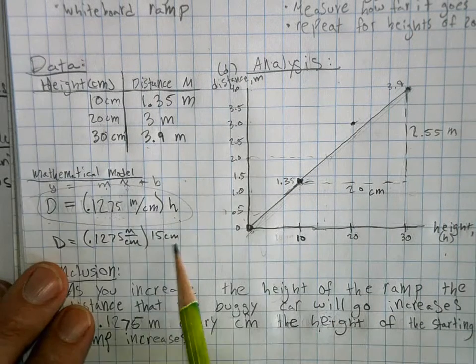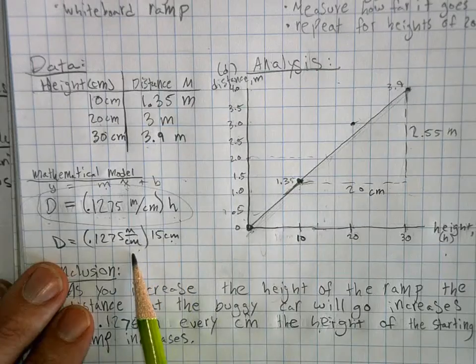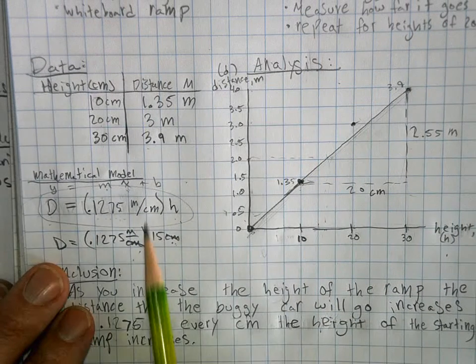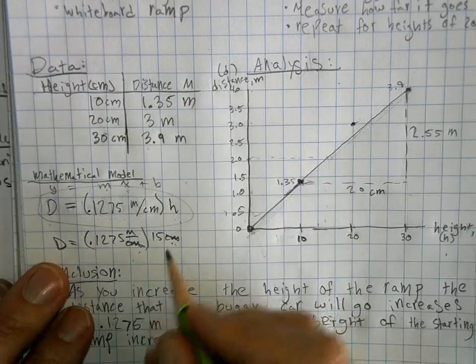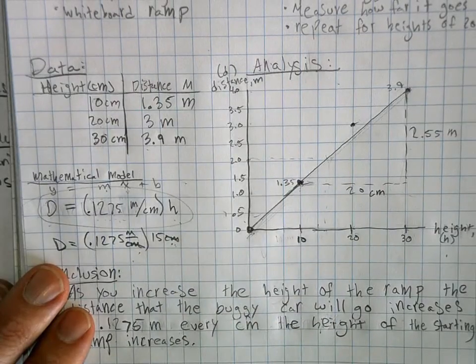Now, what happens to the units here? I have a centimeters here and a centimeters here. What's a centimeter divided by a centimeter? Centimeter cancels out, leaving a meter. Okay? Now, what is 0.1275 times 15? What do you get?